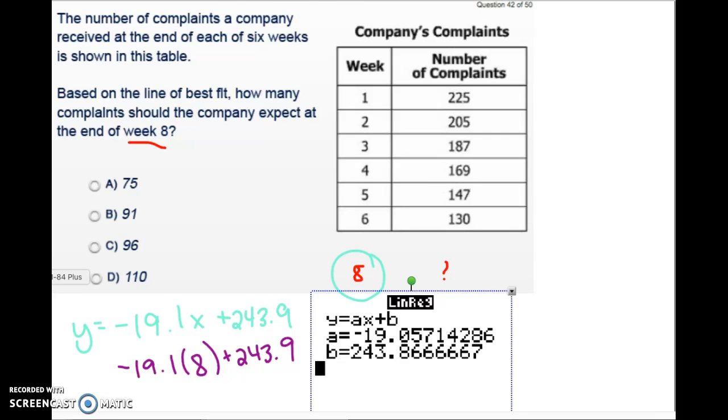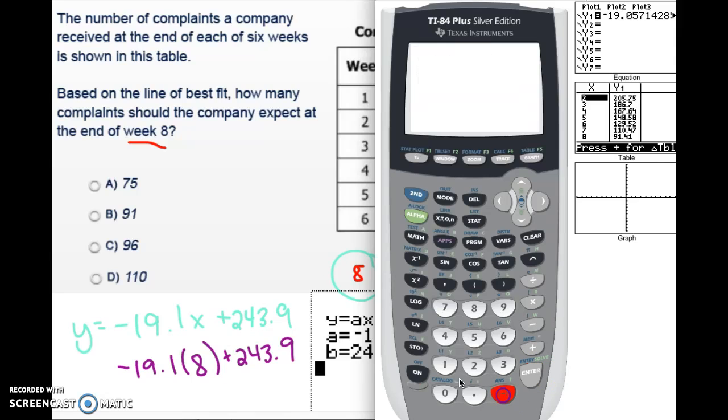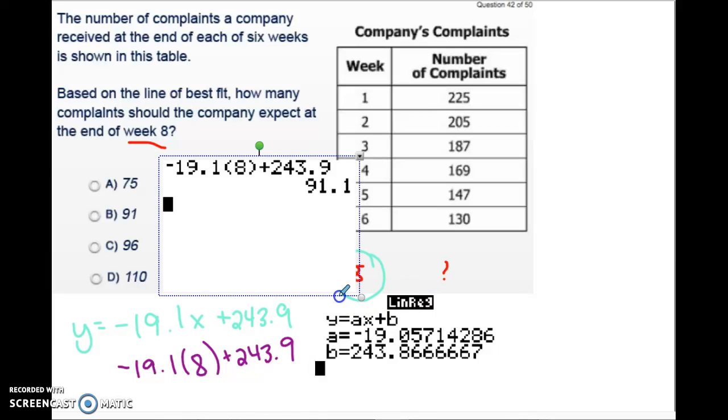So if I go ahead and type that in, then I would have a negative 19.1 times an 8 plus 243.9. Now we're looking at week 8. Well, so I can see there that looks pretty close to a 91.